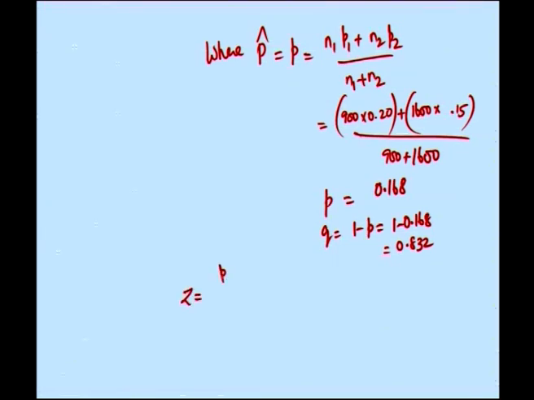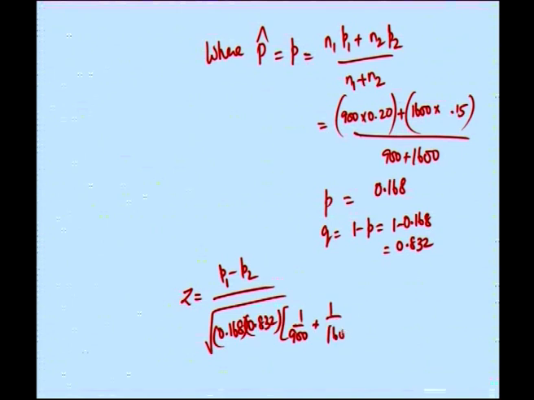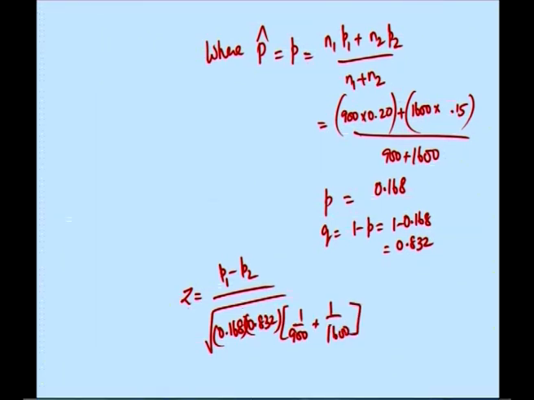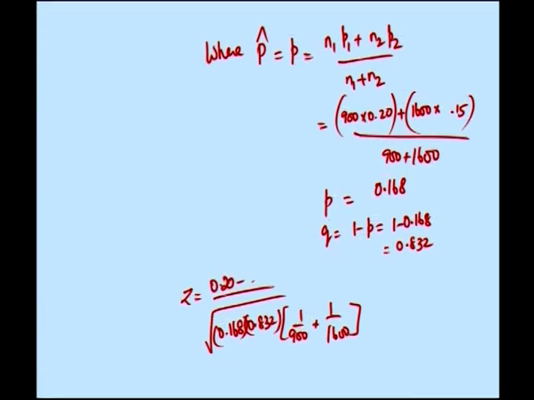And now, we go ahead with calculating the Z value. Z is P1 minus P2 divided by root of PQ, where PQ is 0.168 into 0.832, into 1 by N1 plus 1 by N2. I will substitute the values directly: 0.20 minus 0.15.